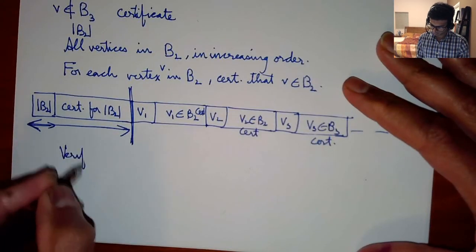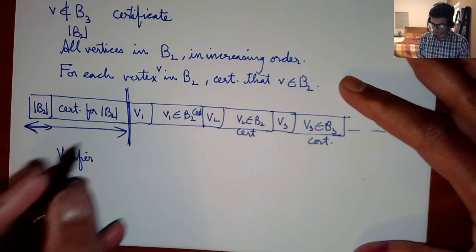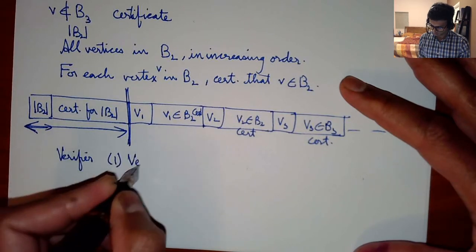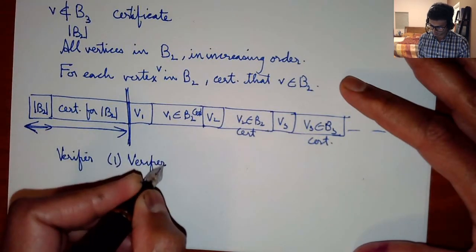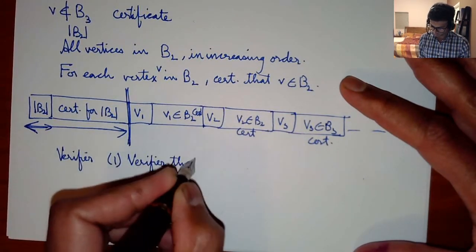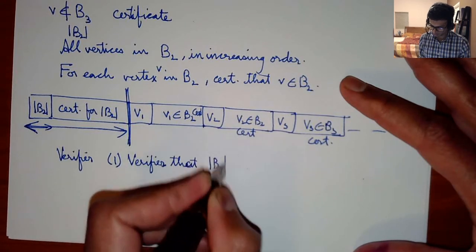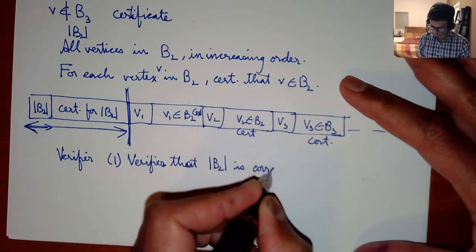The verifier first verifies that the size of B2 is correct.